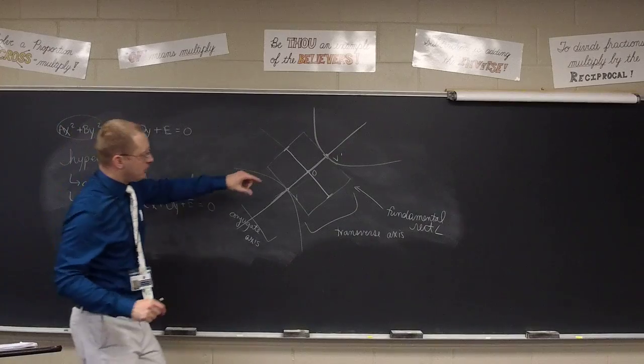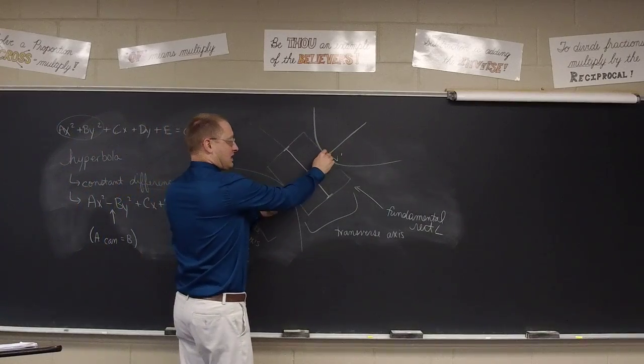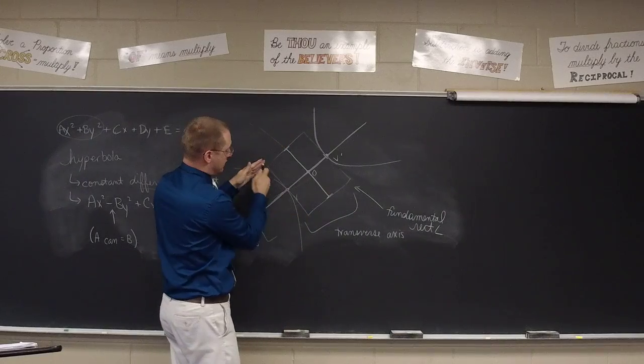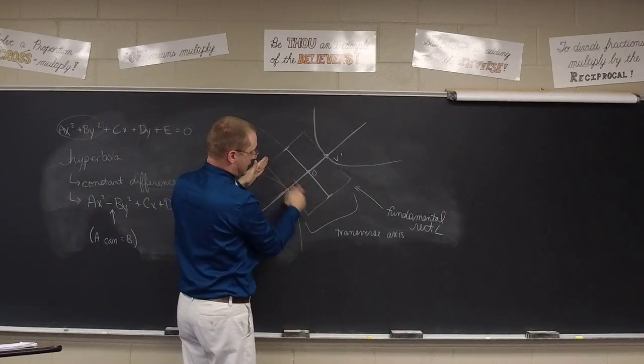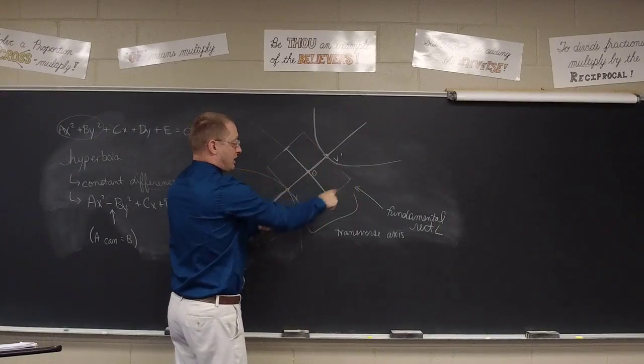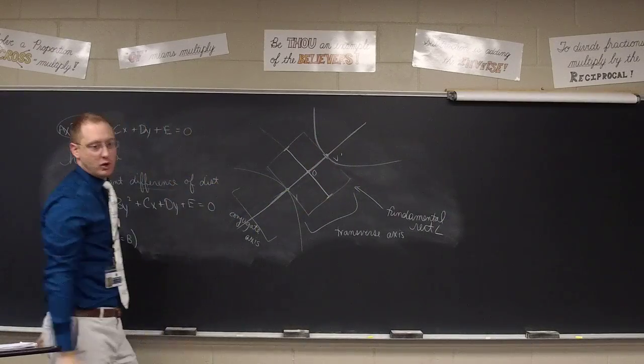It's formed using the lengths of the transverse axis and conjugate axis. So you see, I took that conjugate axis length, put them at the ends, took the transverse axis length, put them at the ends of the conjugate axis, and just form a rectangle going around.